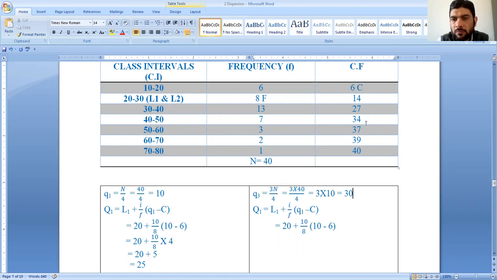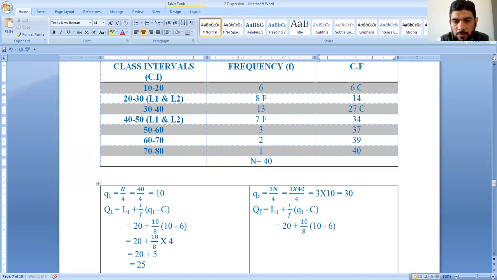We check where 30 lies in this CF. 30 lies in 34. The frequency corresponding to this class interval will be F, the class interval is the effective class interval, and the cumulative frequency before it will be C. So we have to apply all these values.